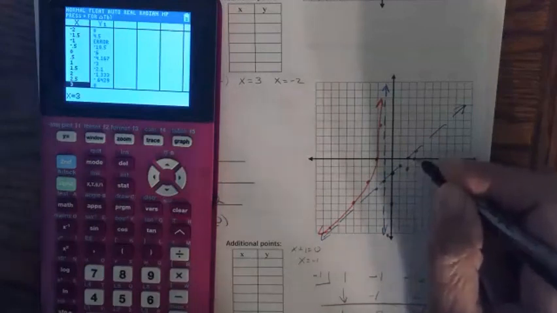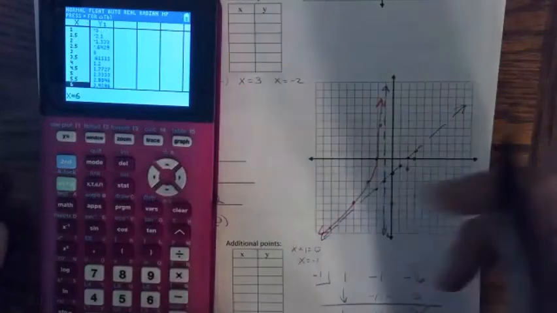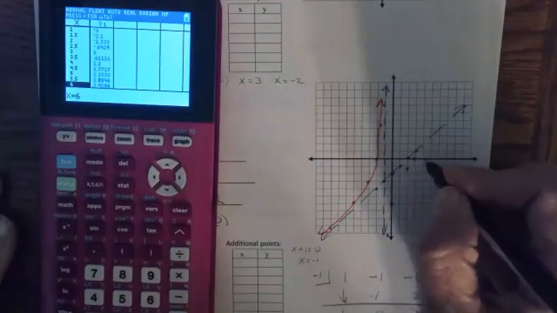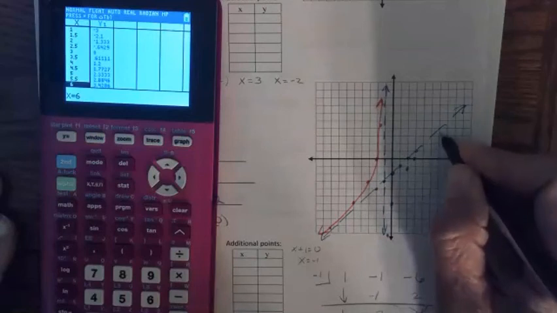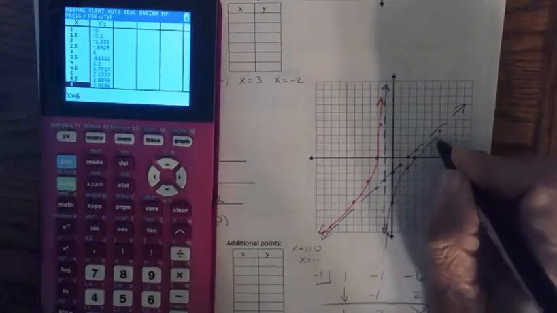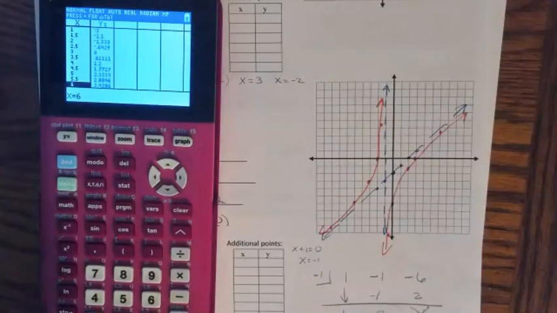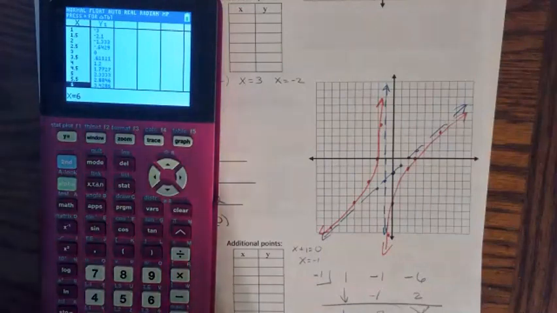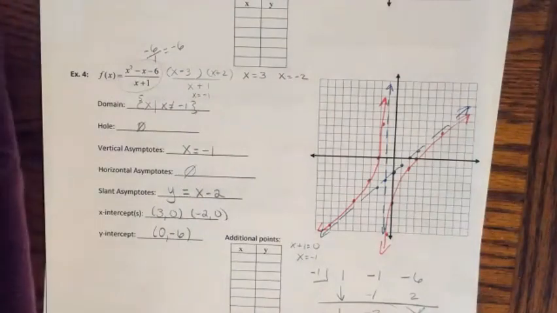And then we have 3, 0. 1, 2, 3, 4, 5, 6. Right here. So we kind of got some points on that side. All right, so that's your fourth graph there. That's it for rational graphs.